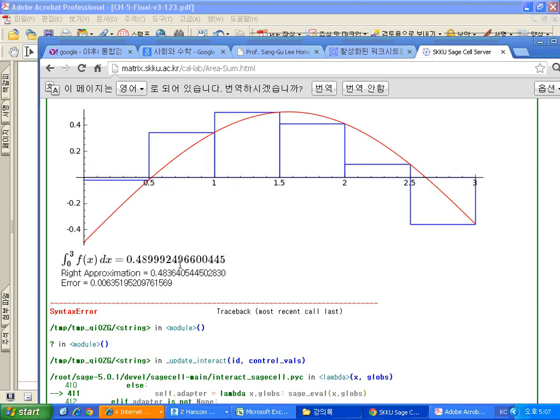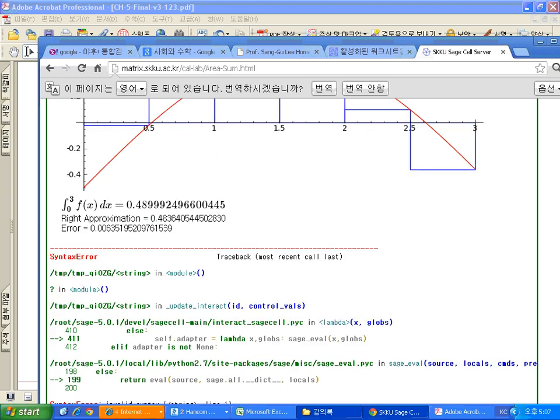Then this is what we have, the right approximation. The real integral value is about this, and the error is very small, like this.